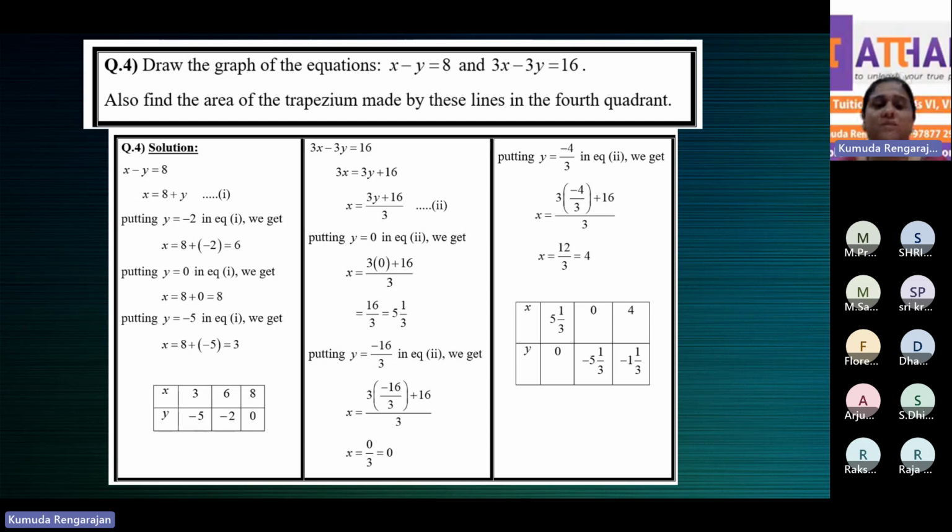So 5 1 by 3 means 5.3 kind of. So between 5 and 6, 5.1, 5.2, 5.3. So that 5.3, there you'll have to mark.